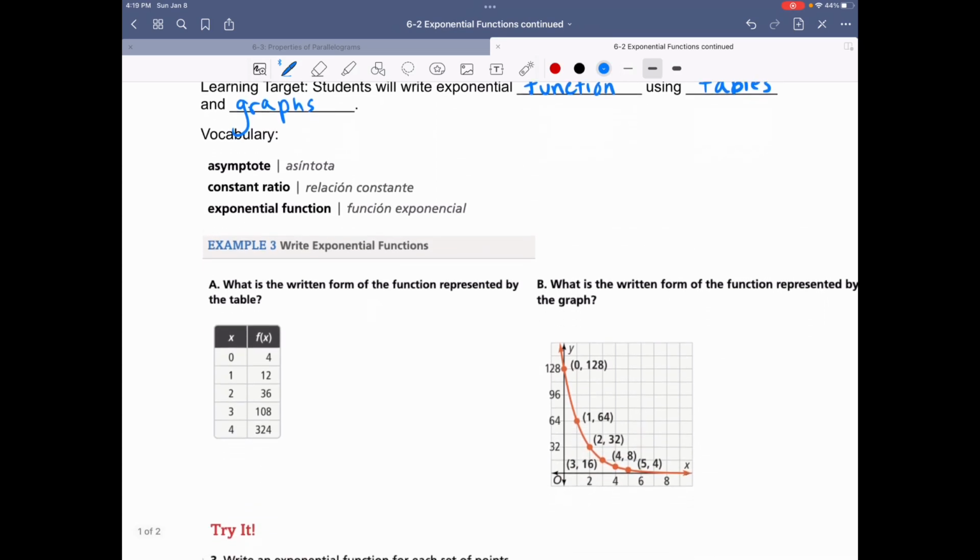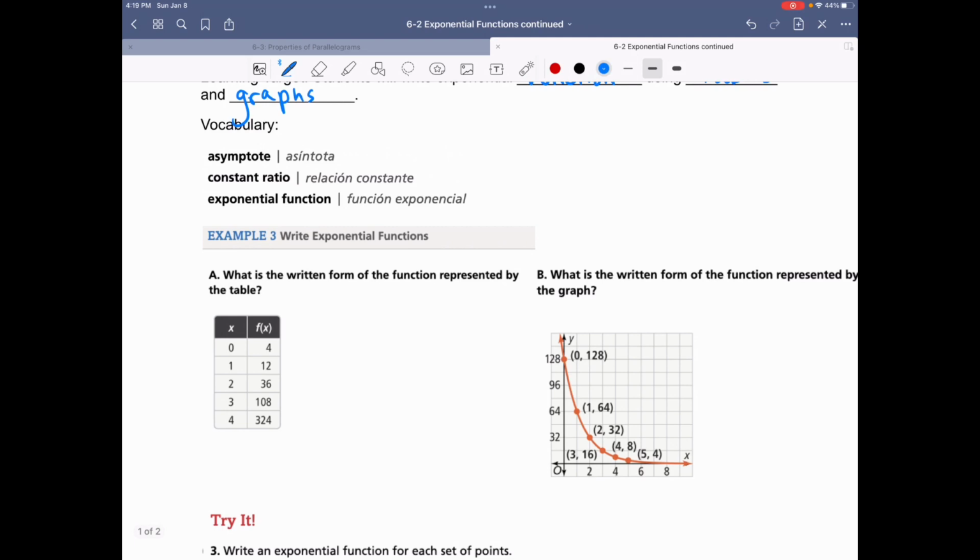For example 3, we are writing exponential functions. Part A, what is the written form of the function represented by the table?